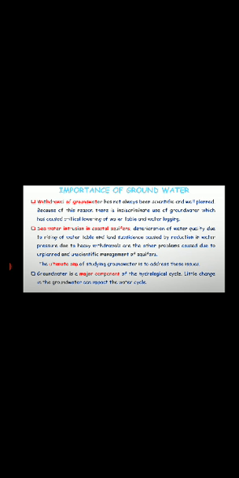Seawater intrusion in coastal aquifers is again a major issue. There is a problem of salt water intrusion in the coastal aquifers, where on the land we have fresh water, and in the sea or ocean we have saline water.